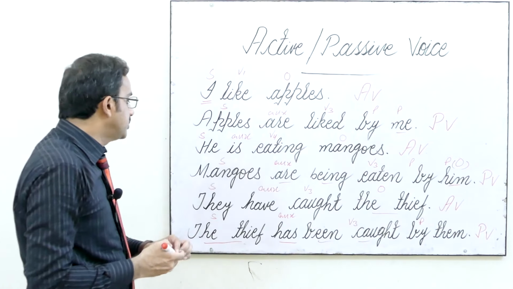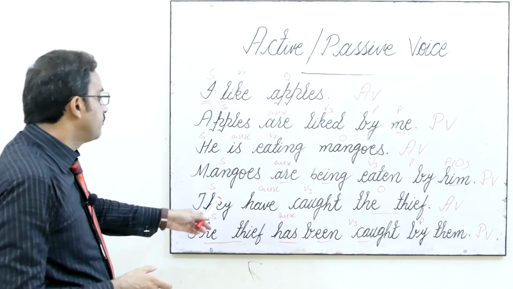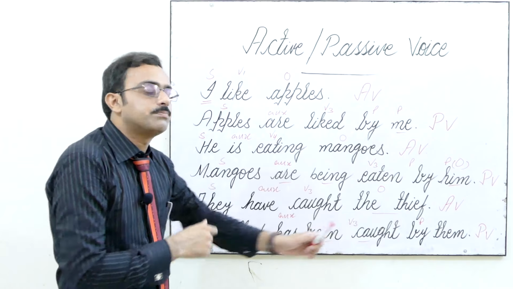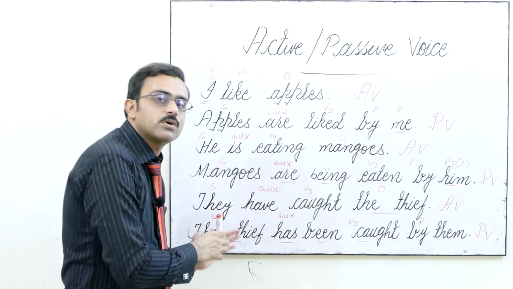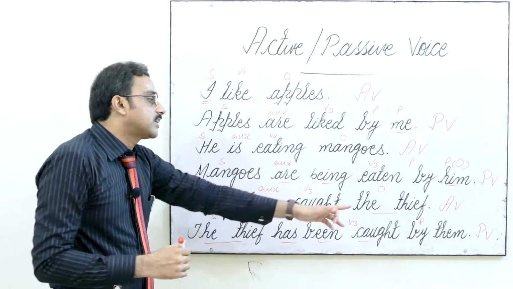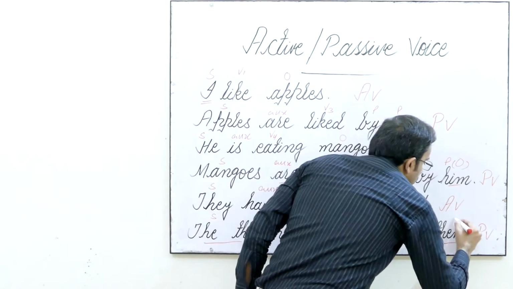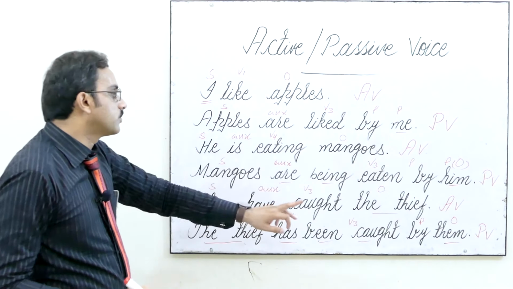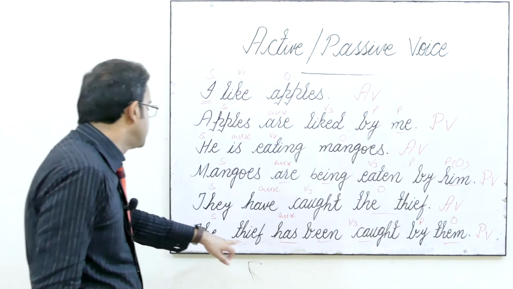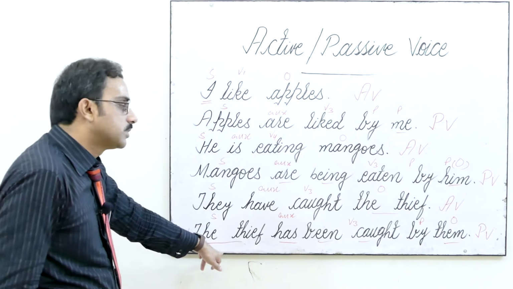And then we change the pronoun they into them, meaning we changed the subjective case of they into the objective case them. So this is your object now. So what did we do? First of all, we changed object into subject. Then we used the auxiliary according to the subject.